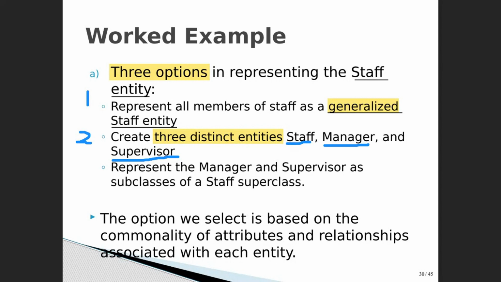Or number three, we can represent the manager and supervisor as subclasses. These are like subclasses for the staff. So we can do it this way. Any option will be based on the attributes and relationships between entity types. So these are three options to represent the staff entity.